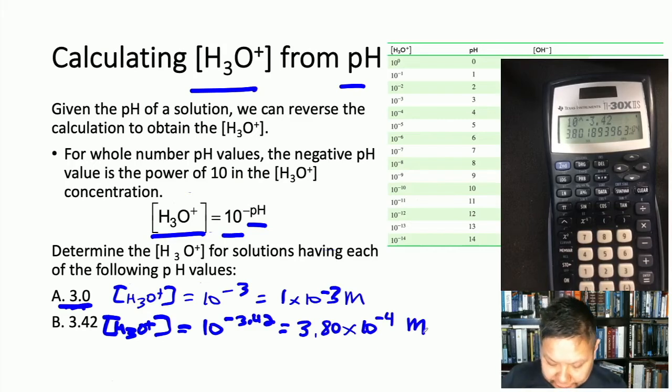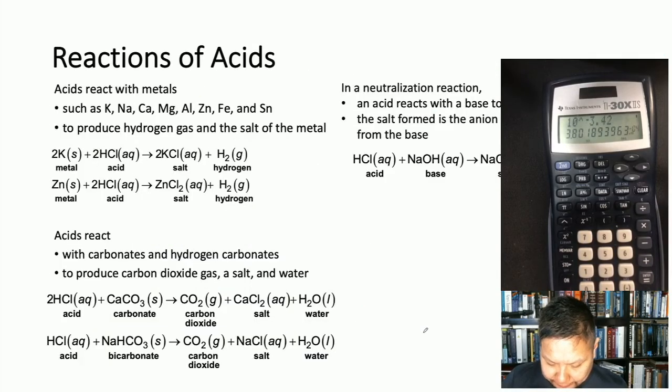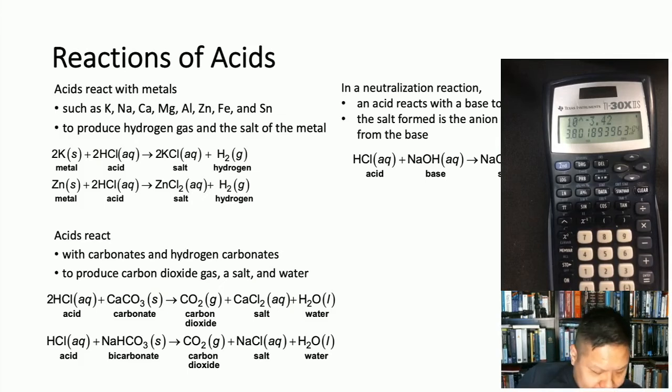So now that we've done all those calculations with acids and their pHs and such, let's talk about some reactions with acids. Acids can react with metals such as potassium, sodium, calcium, magnesium, aluminum, zinc, iron, and tin. And when they do, they'll produce hydrogen gas and a salt of the metal that they reacted with.